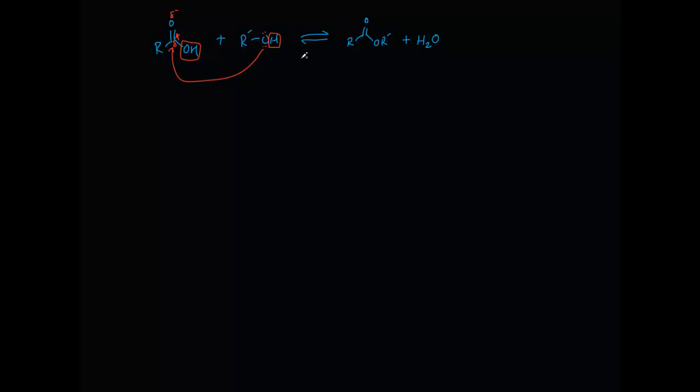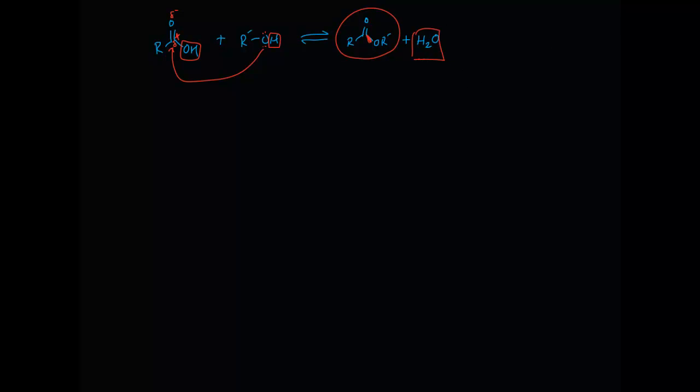Okay, so what you'll wind up with, if you just connect the dots, is this oxygen attached to this carbon here, with the R prime trailing behind it. So you get this, right? This new bond being formed, and this guy, they both leave to form water.